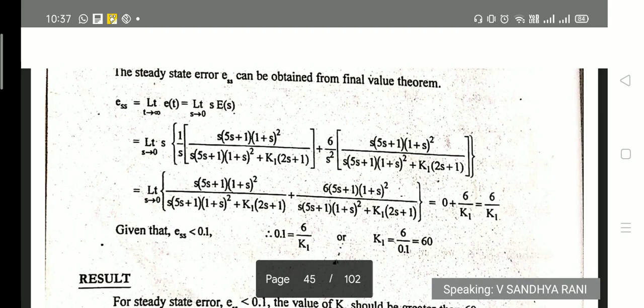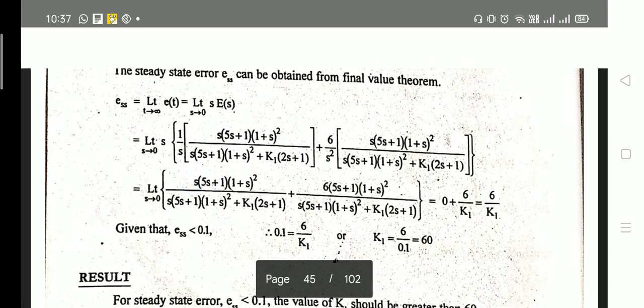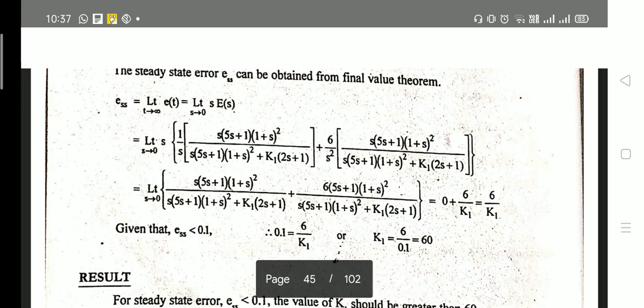Okay. Then here after simplification we will get like this. Substituting s tends to 0, in place of s we can substitute 0, then this value will be 0. And here we can substitute the 0 value, and then we will get 6/K1 finally. 6/K1 is equal to, already ess value is given as 0.1.